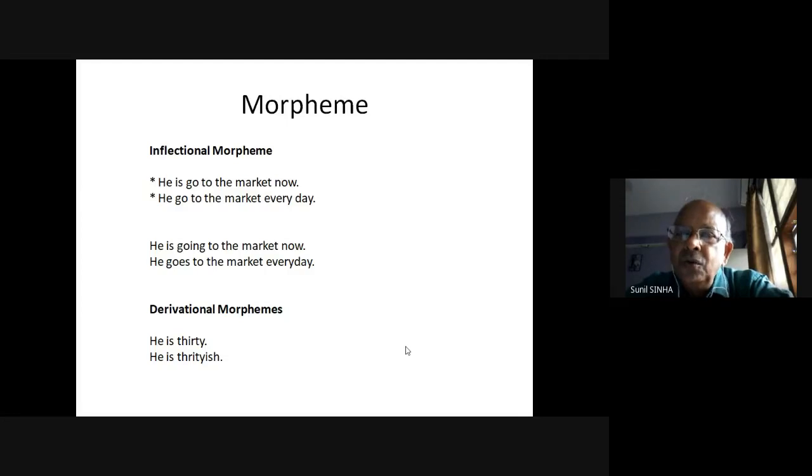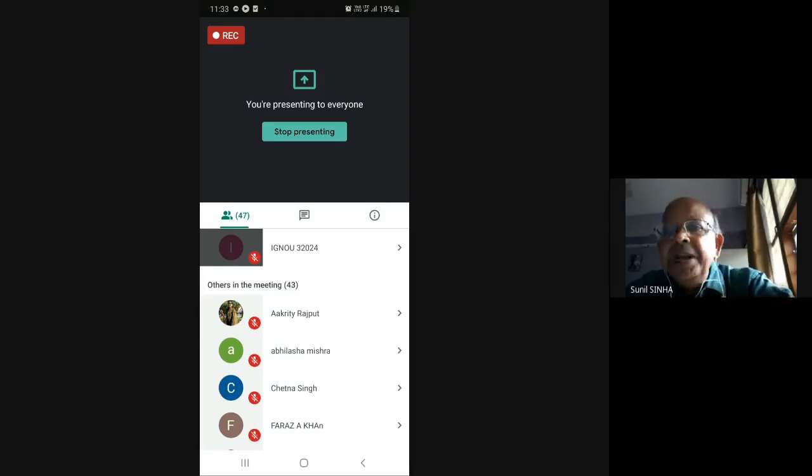Similarly, we need es on go to make the sentence grammatical. There is no problem in understanding the meaning of the sentence. So, ing and es.